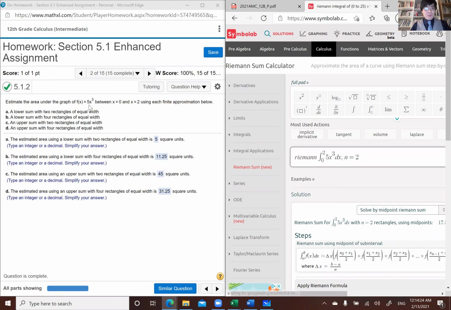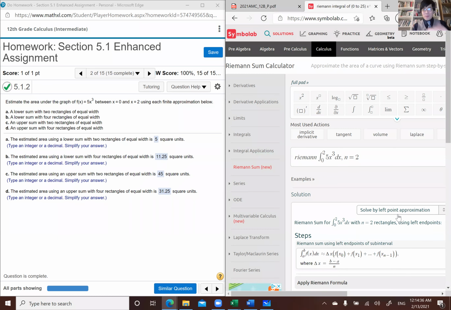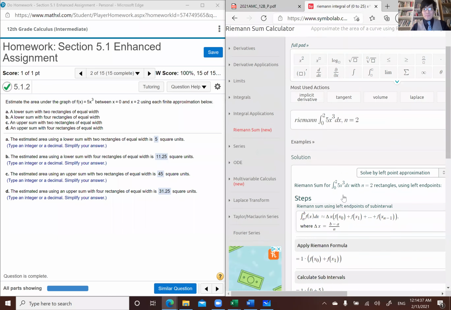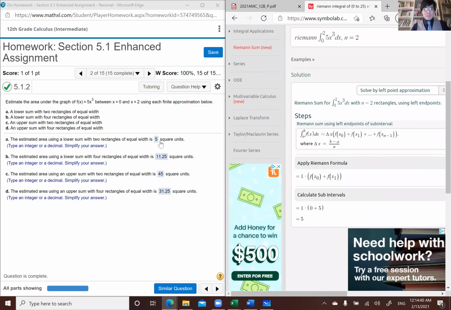All you need to know is this is an increasing function between 0 and 2. Because this is an increasing function, if you pick the left endpoints, you want to have a lower sum. So this is going to be the lower sum in case of 2 rectangles. If you use a right point, you're going to get the upper sum because right point has the highest y value in each subinterval. So if we use 2 rectangles for upper sum, you want to get 45.